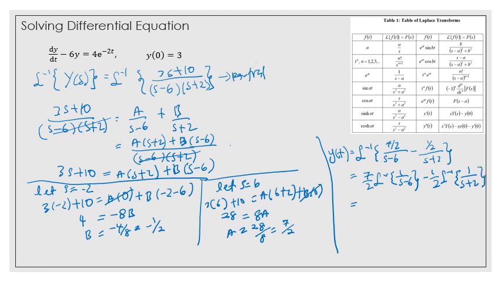So we will get 7/2 inverse Laplace of 1 over (s − 6), where a equal to 6, we have exponent 6t. Minus 1/2, so a here equal to negative 2, so we have exponent negative 2t.